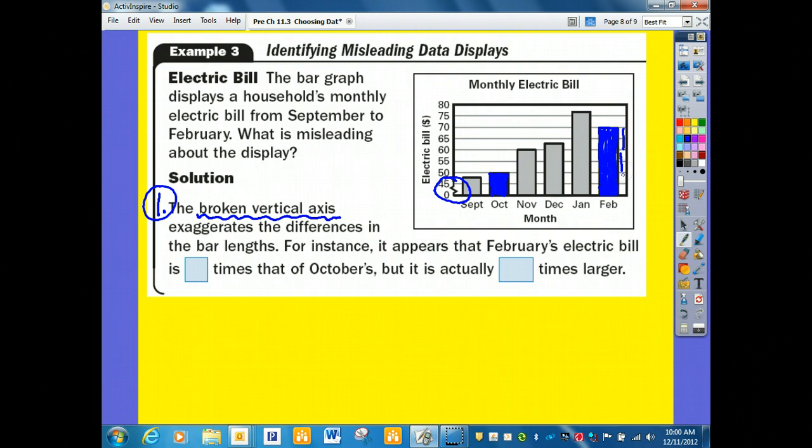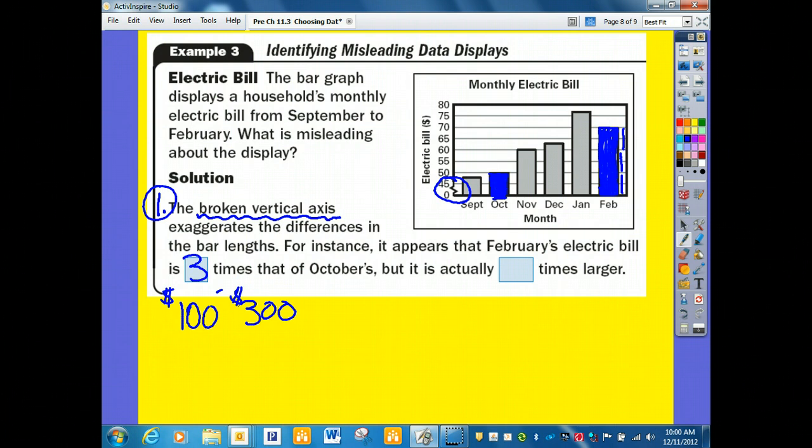So just by looking at that graph, it looks like February's electric bill was 3 times bigger than October's. That means if October's was $100, they're saying February would be $300. That's the way the graph makes it look.